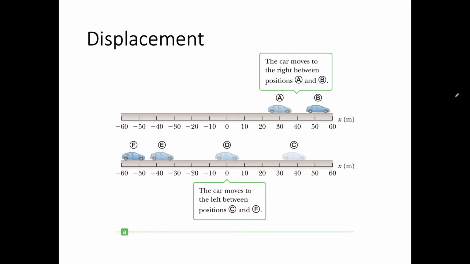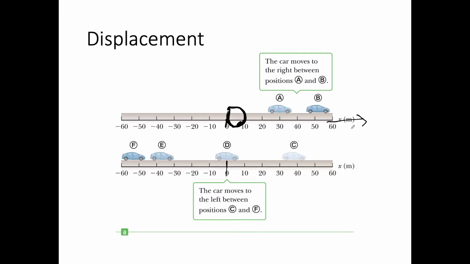Our coordinate system should have a 0, and it should have a unit, which in this graph, this length gives us 10 meters. Then we need a positive direction. From 0 to the right is positive, and from 0 to the left is negative.